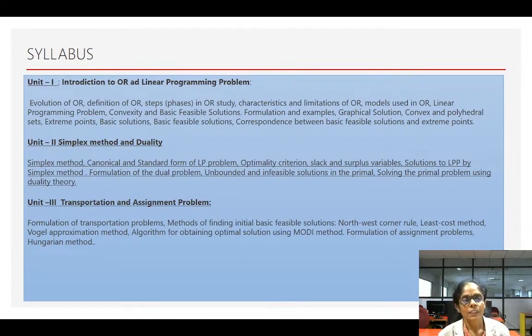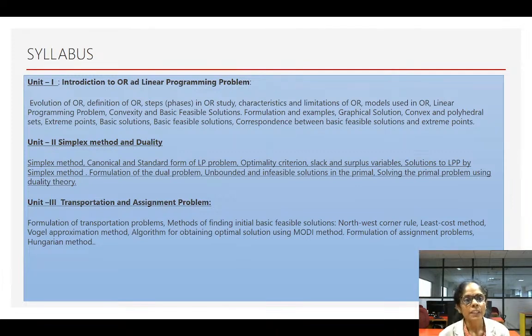The syllabus is like this. In the first unit we have introduction to OR and linear programming problem. In introduction to OR we study how OR originated and its definition, steps in the study of OR, characteristics and limitations of operations research, and what models are used in operations research.